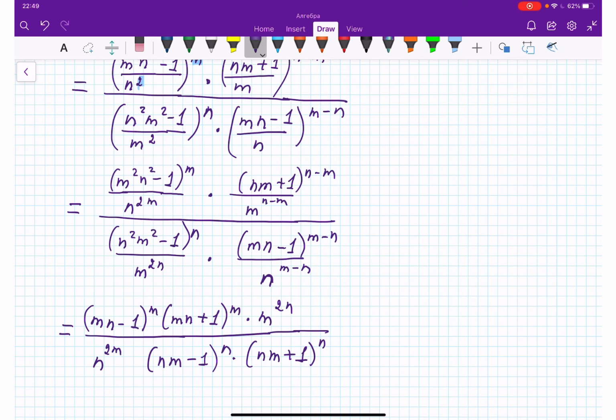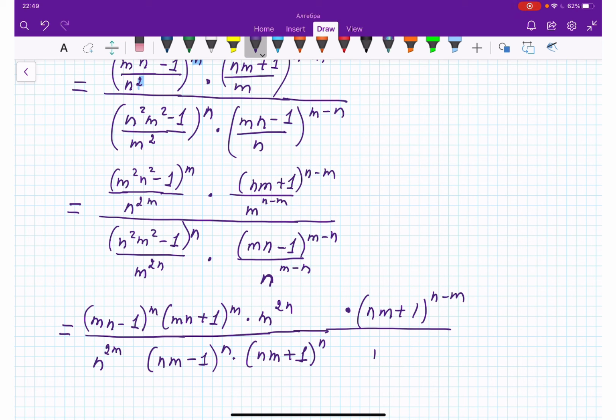And all these I'm going to multiply the same way, (nm + 1)^(n−m).